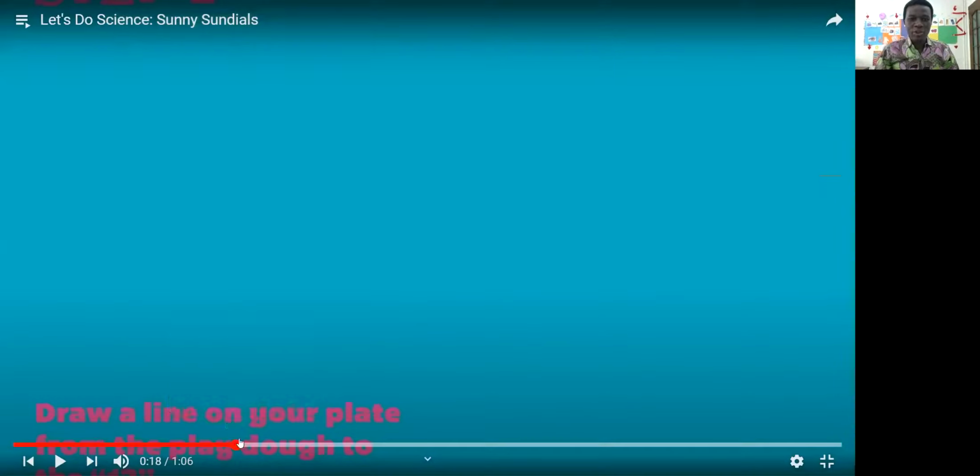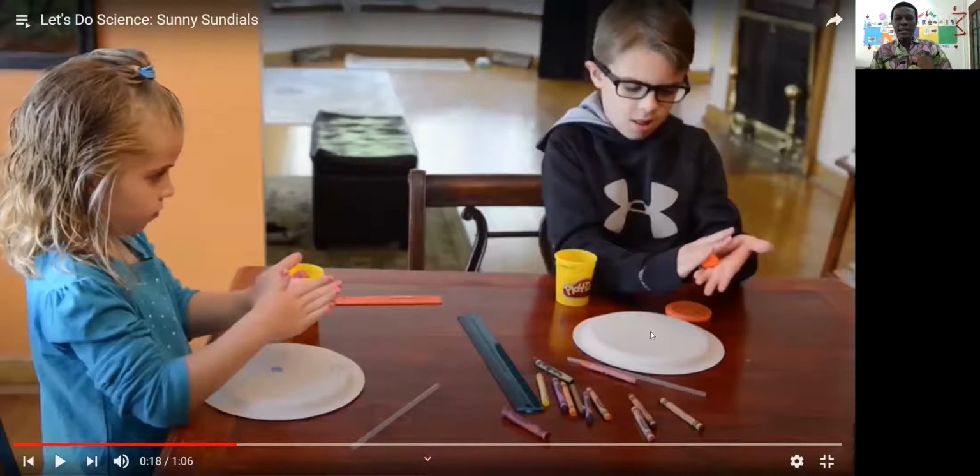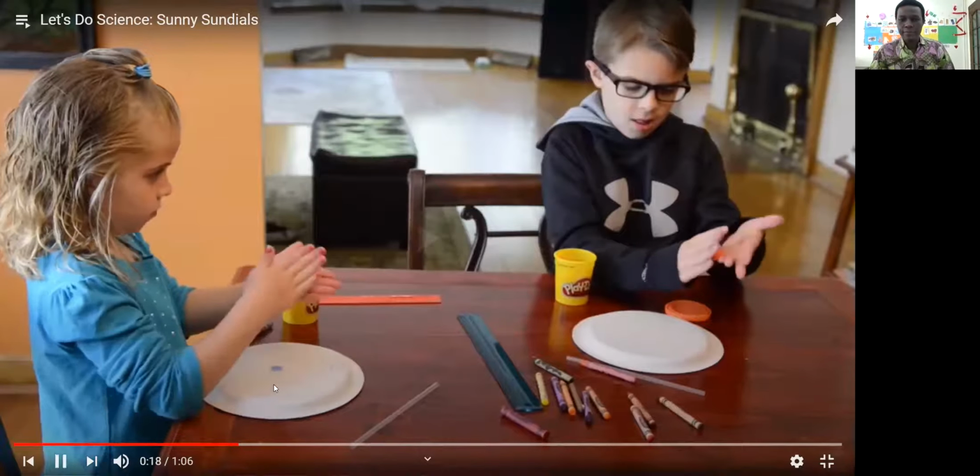Sorry, I stopped to show you the materials they have. They have just a normal plate, a ruler, some crayons, and a stick. They also have some tape to keep the stick on the plate.